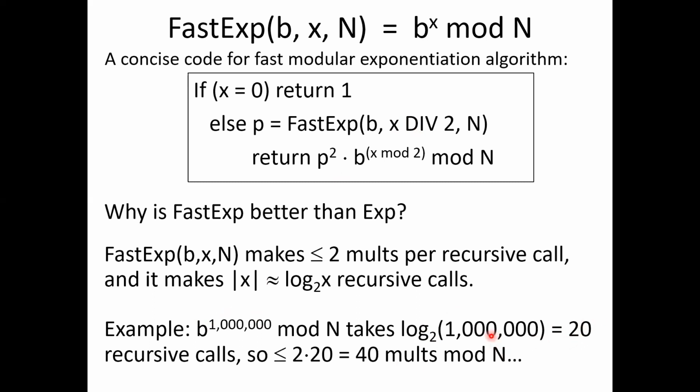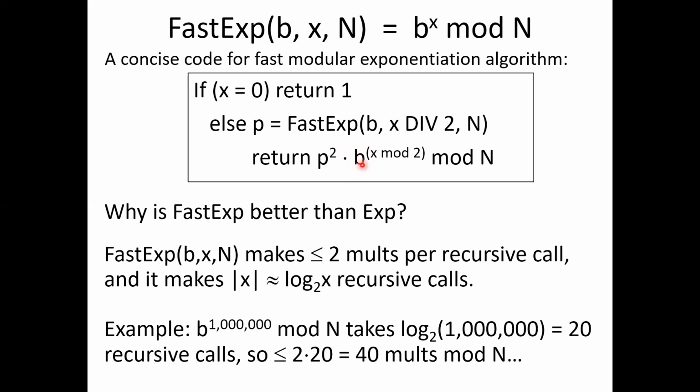Why is that? Because 1000 has 10 bits. It's 1024, right? So 1 million has 20 bits. And why does it take 2 multiplications? Here is one, here is another.